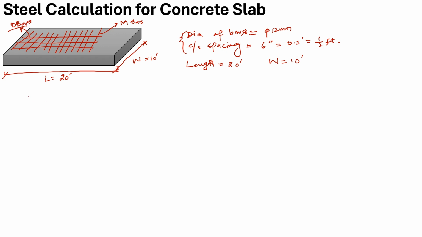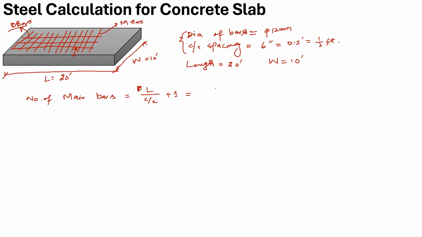So what will be the number of main bars? This is equal to simply the length divided by the center to center spacing plus 1. This one is added due to the gap provided along the concrete and the first reinforcement.